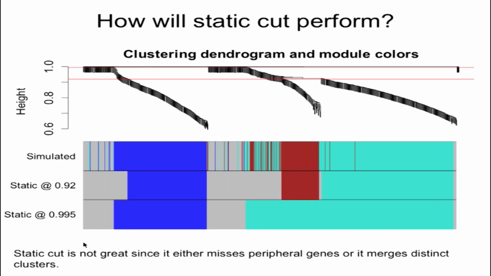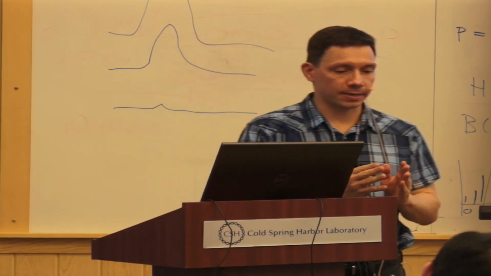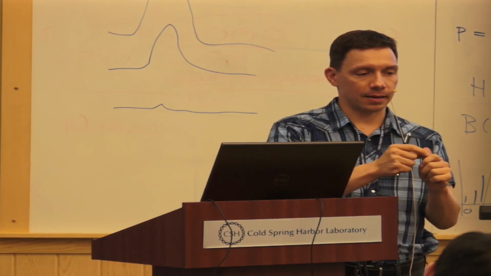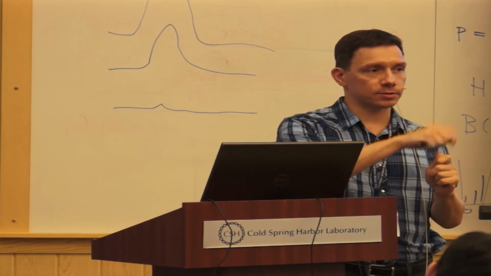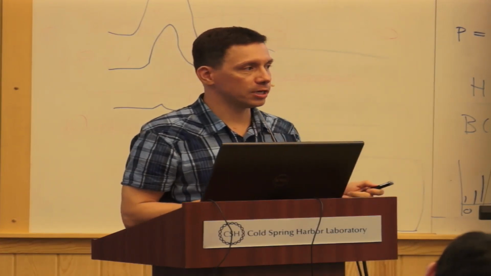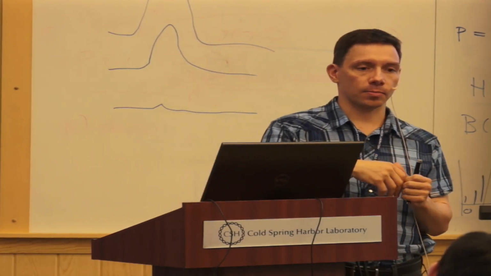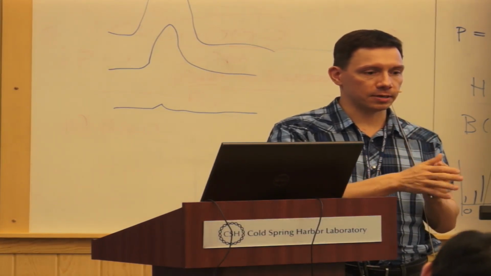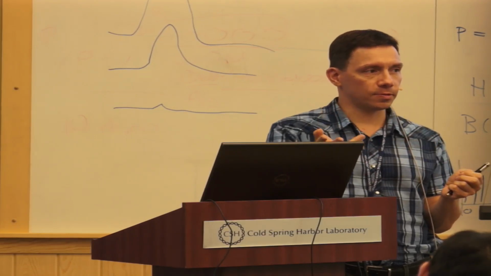It also has this other great advantage that it allows you to study how a gene relates to multiple modules. It could be that you have a gene that has high KME with the blue module, high correlation with its eigengene, but it also has a high KME with the brown module.